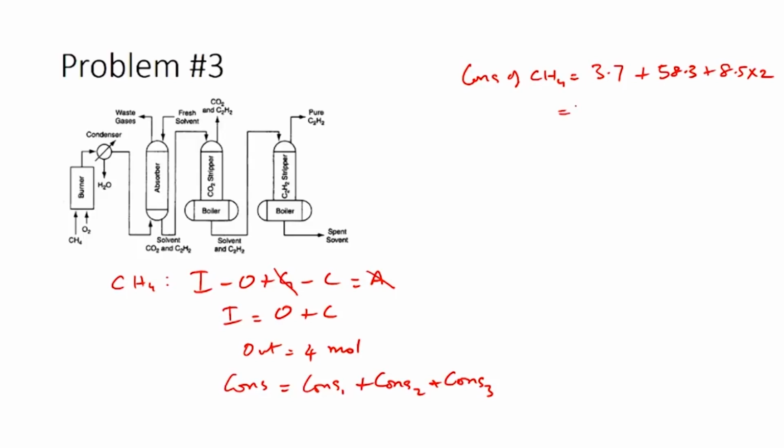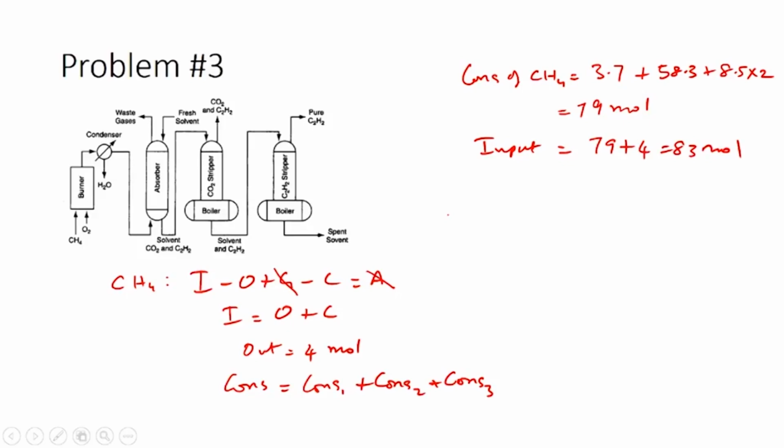Thereby, we get the consumption of methane as 79 moles. So, input for methane would be equal to 79 plus 4, which is 83 moles of methane.